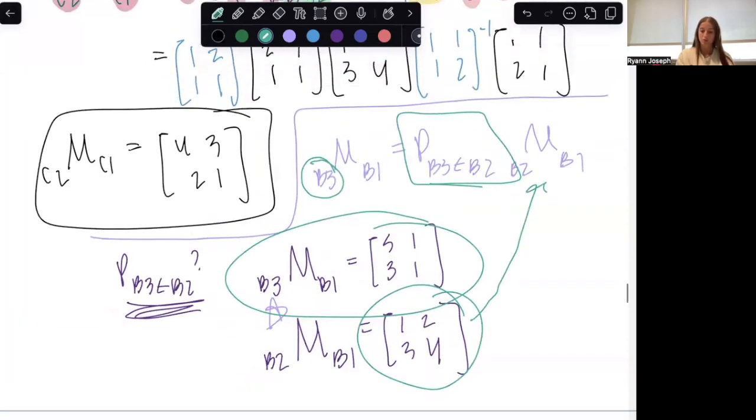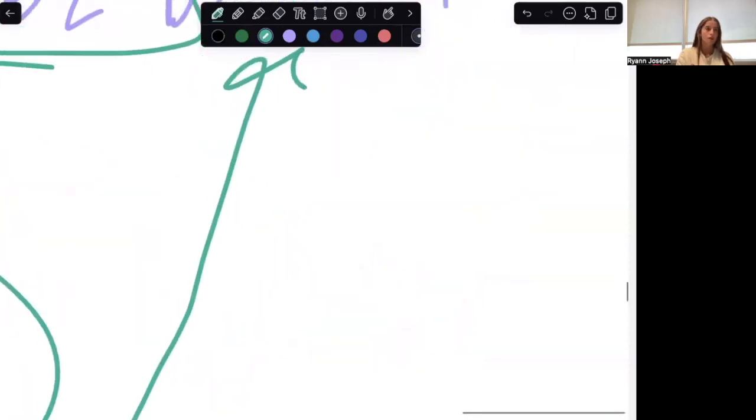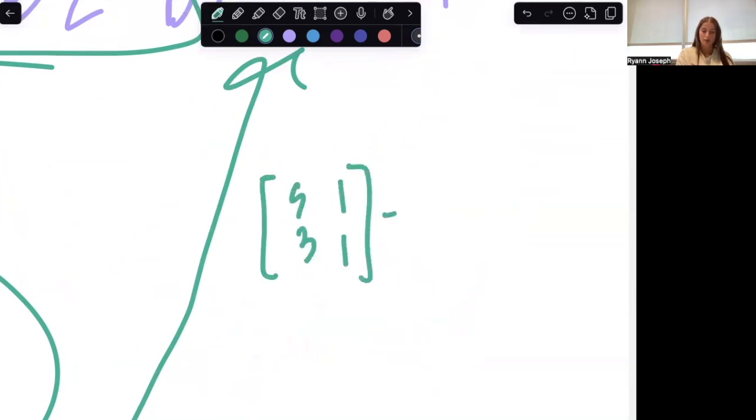I can write this out where I have 5, 3, 1, 1 is my output, and then I'm solving for P, B3 from B2 times 1, 2, 3, 4.